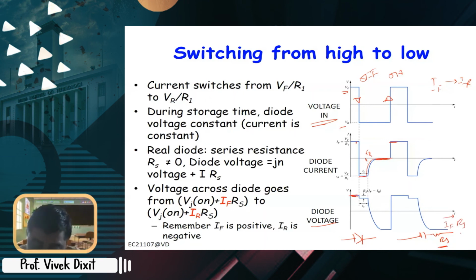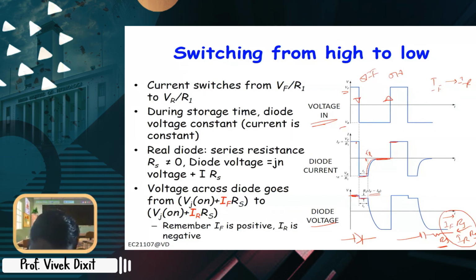Now when you change the voltage, the drop is IR times RS in the other direction. So the overall change is the sum of these two drops, IF RS and IR RS, if you take care of sign. So the sudden drop in voltage is RS times (IF minus IR).